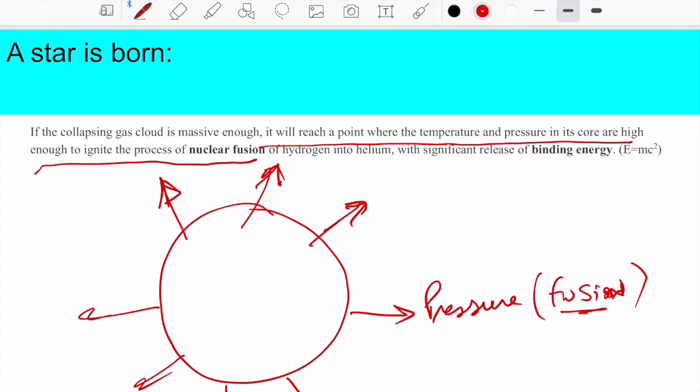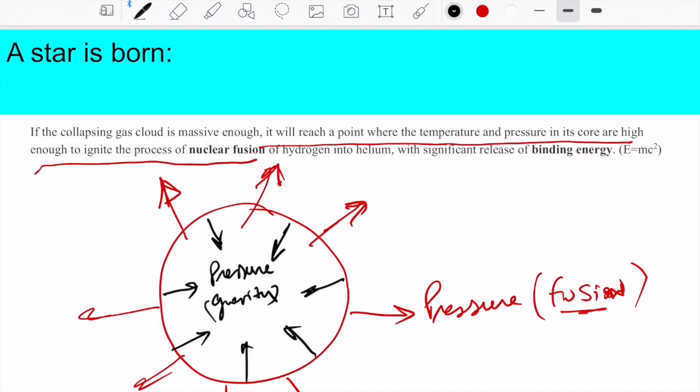But also we know that what pulls the matter together is the force of gravity. So there is an inward pressure that we could call gravitational pressure, right?